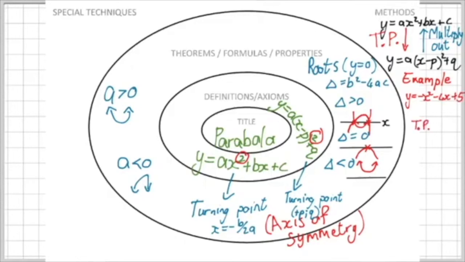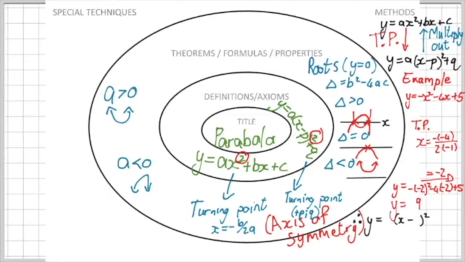So what I do is I determine the turning point, x equal to negative b over 2a, which means the graph turns at x equal to negative 2. Perfect, there's the p value. To get the q value, I substitute back, and I have an answer of y equal to 9. Fantastic, that is the q value.